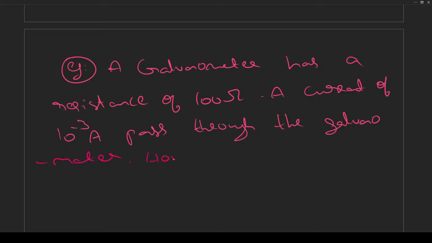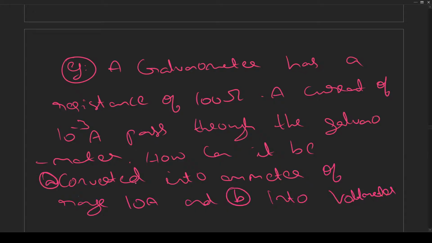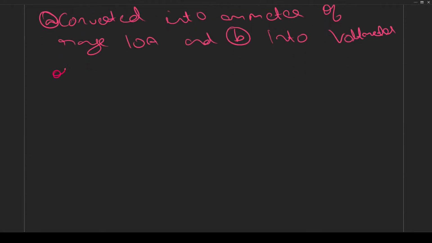How can it be converted into A, an ammeter of range 10 ampere, and B, into a voltmeter of range again 10 volt.